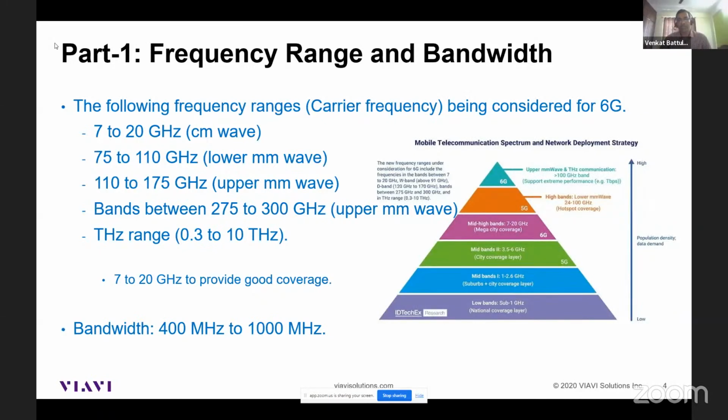It's a new technology, in the sense that we are now stepping into terahertz frequencies, which we never talked about 10 years ago.